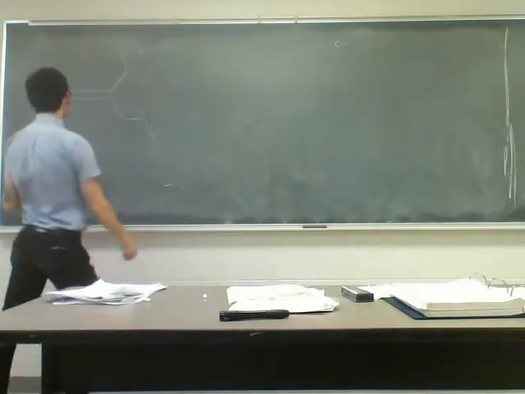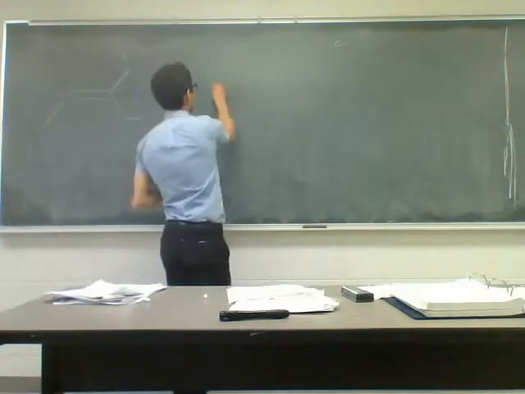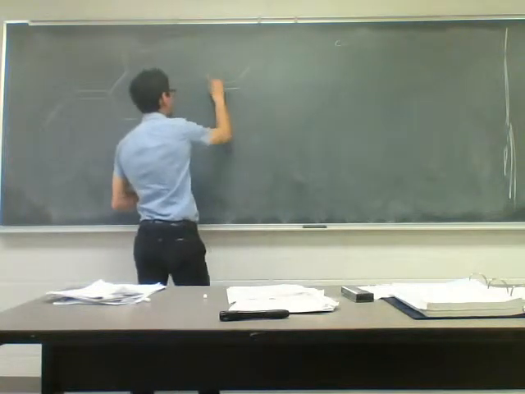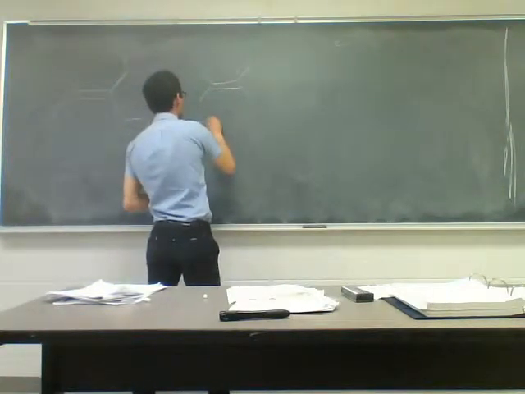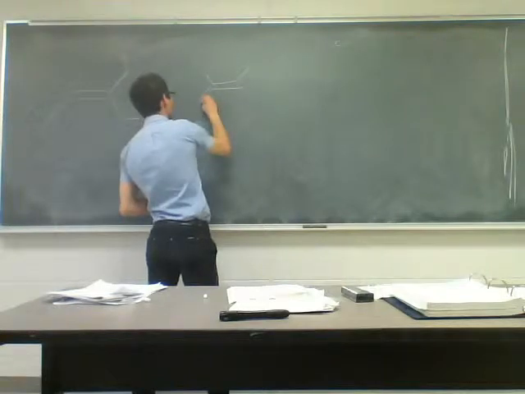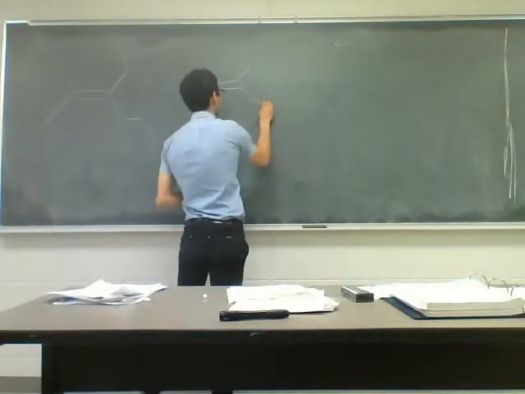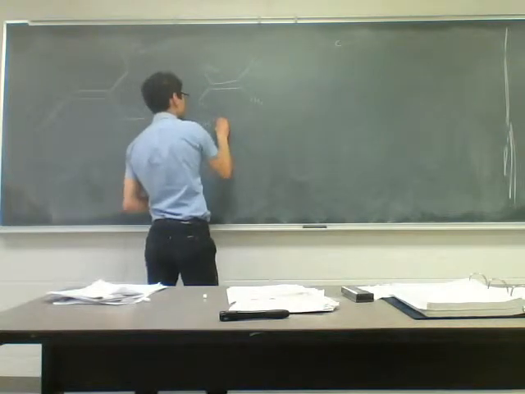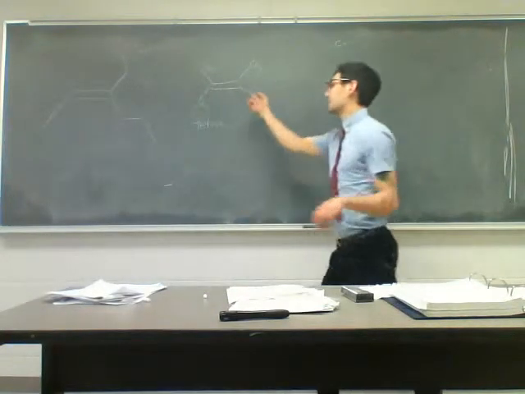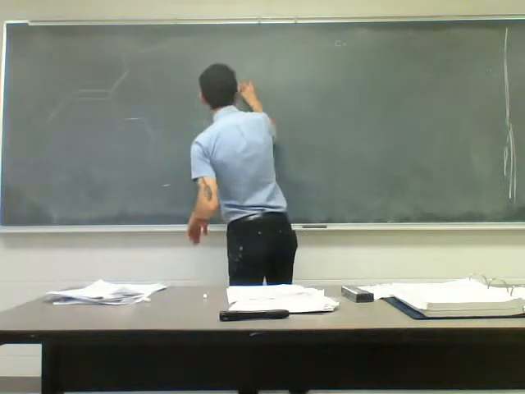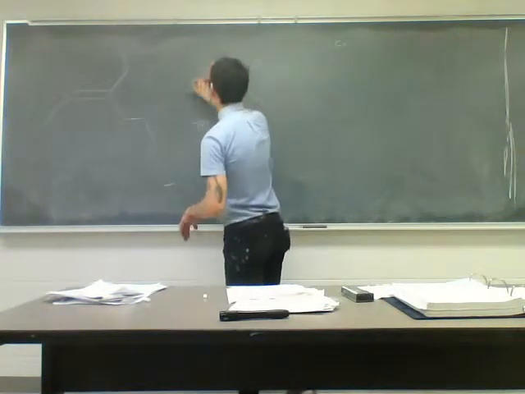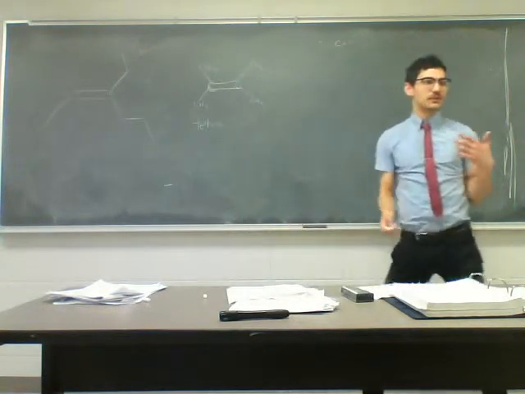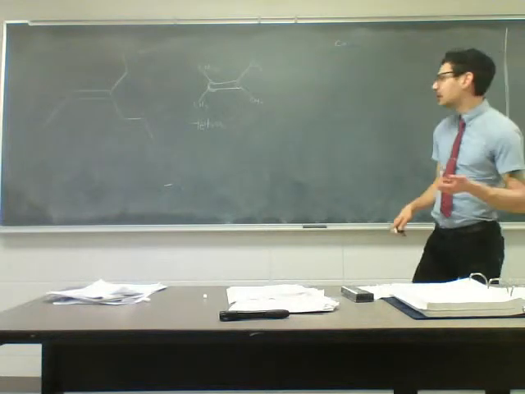Double bonded molecules can show up in a few different forms. We can have tetrasubstituted, where we have 4 carbon-based substituents coming off of our double bond carbons. So these have 1, 2, 3, 4 substituents that are carbon-based total.